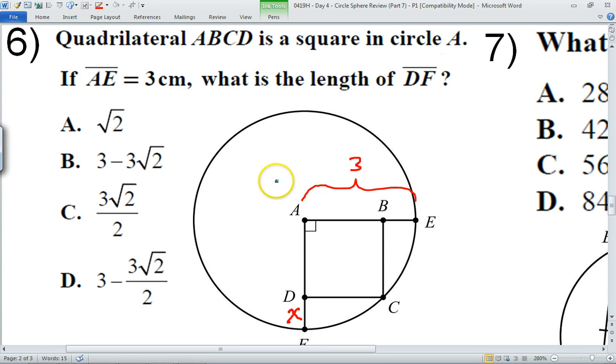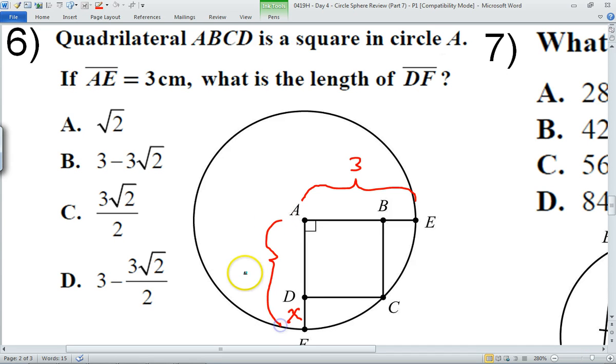Alright, here's the key to a problem like this. David could tell you, what's the radius of this circle, David? Give me a number. Can you see that this 3, the AE, that's the radius of the circle? Now, in a circle, the radius is so important because I could draw this radius anywhere I wanted. I could put it out here. This going straight down, this is another radius.